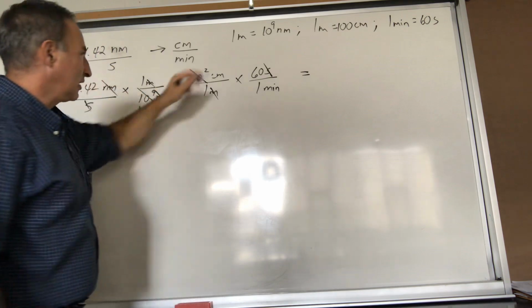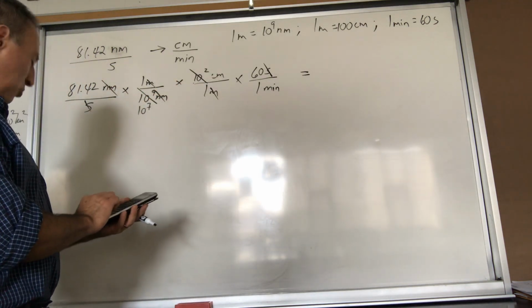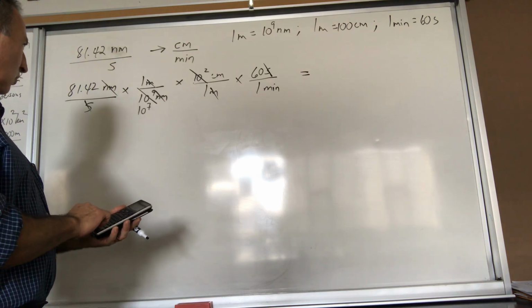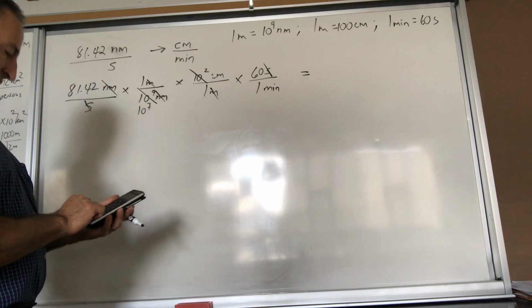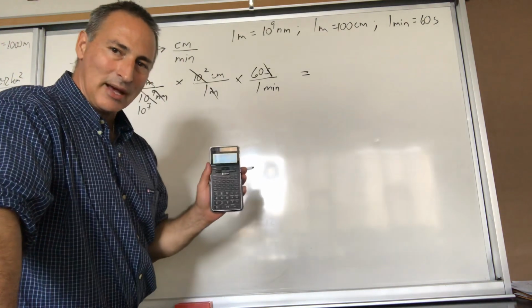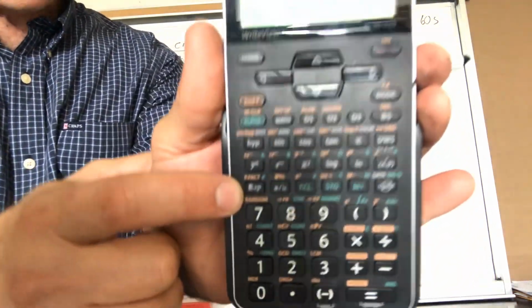So then when you do a calculation, it'll be a little faster because you can say 81.42 divided by 1 exponent 7. Now it sounds strange when I say 1 exponent 7 in my calculator, but when you press the EXP button on your calculator, I know students make this mistake all the way to grade 12.